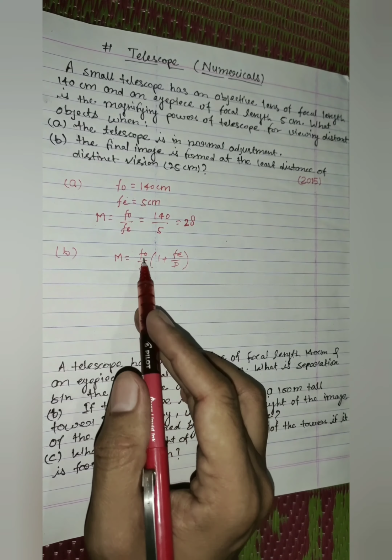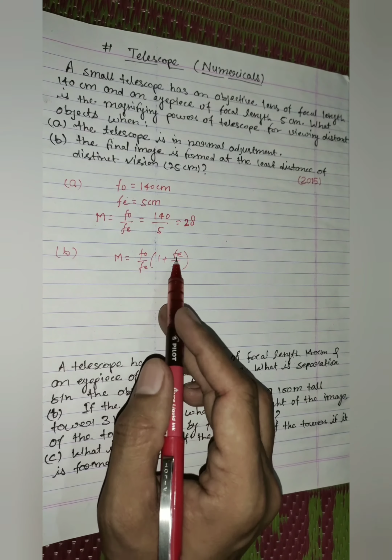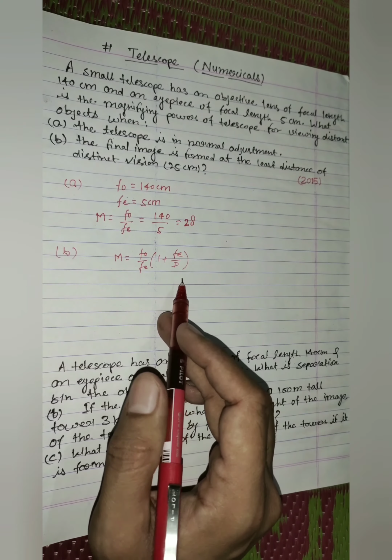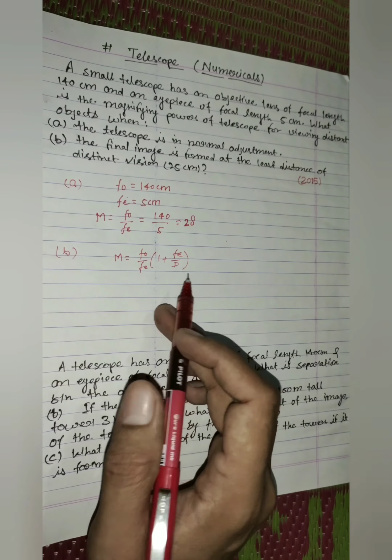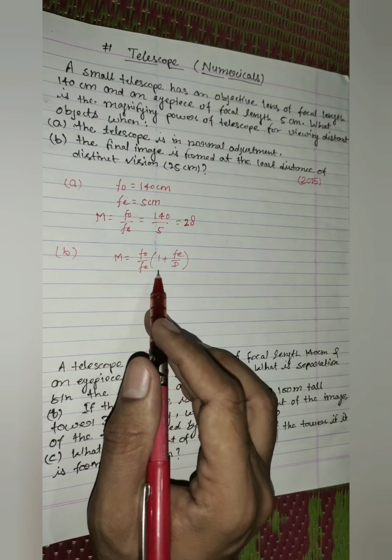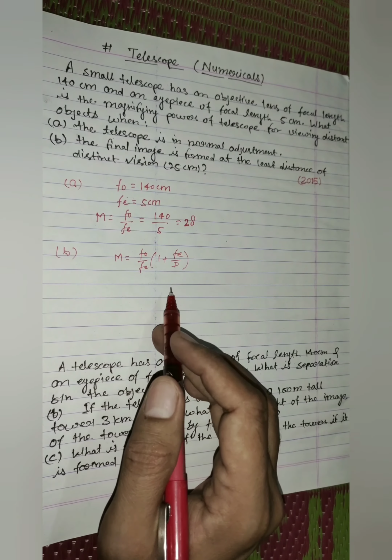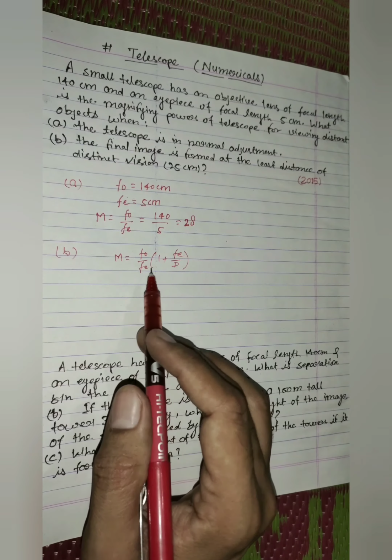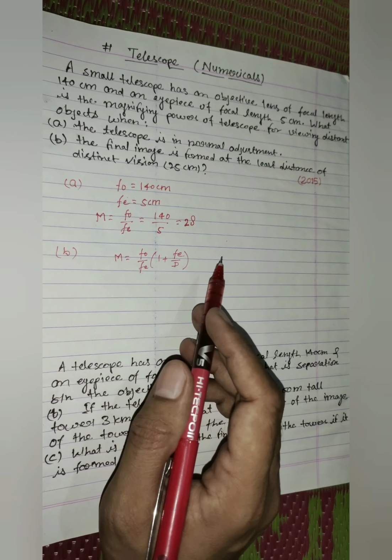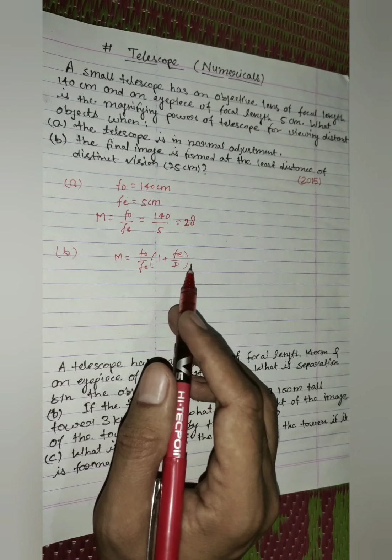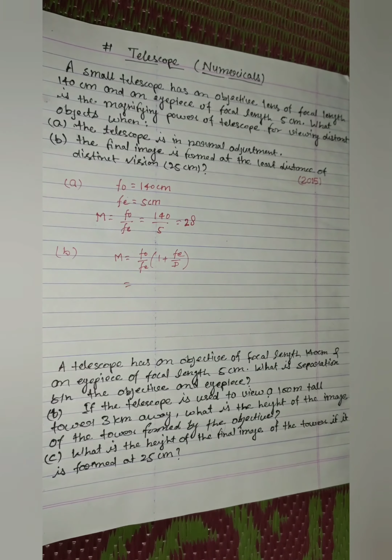In this expression, FO, FE and D are in their magnitude form, only the distances, not coordinates with their sign convention.